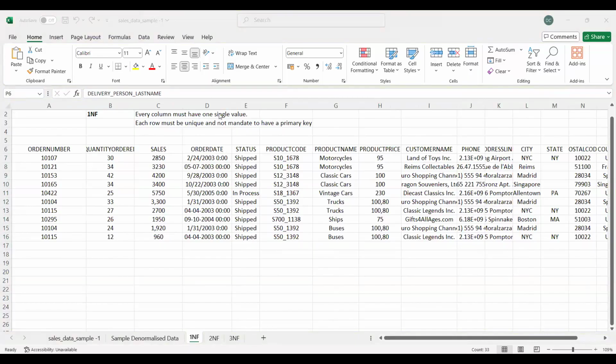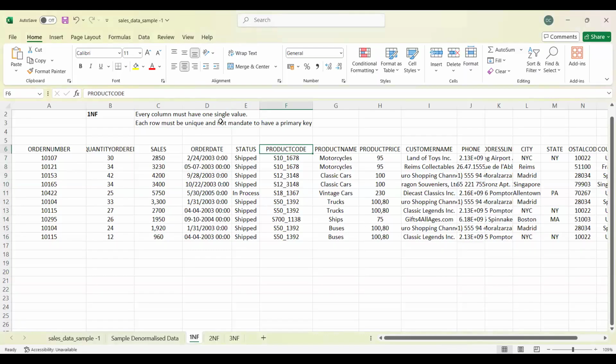Whenever we deal with denormalized data, we can separate it like this. Orders are different, though obviously related to each other. This order is also about this product, but if we really want to divide, we will divide the data into an orders table, product table, customer table.